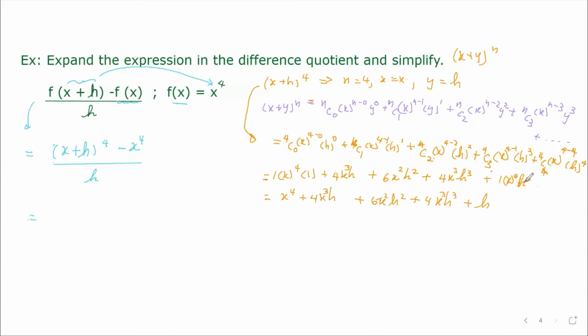This one power 4, okay? x power 4. Then you see the order h power 4, h power 3, power 2, power 1, and this means h power 0, but we didn't write it down. And x power 4, power 3, power 2, power 1.